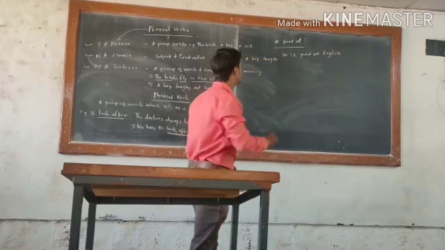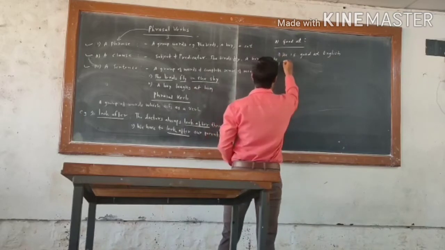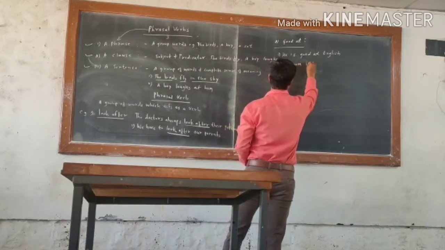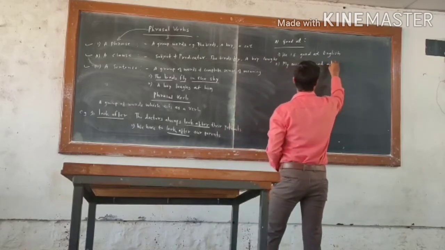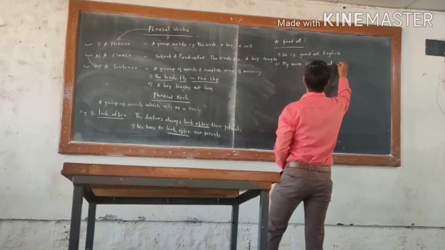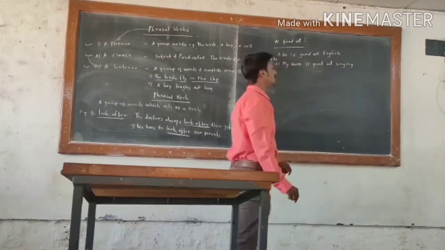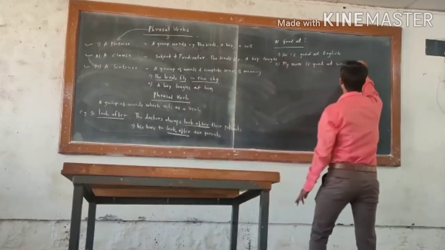This is one sentence. And not only this, you can also say my mom is good at singing. My mom is good at singing. You can have any subject.